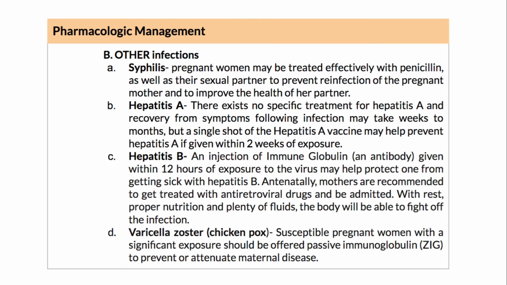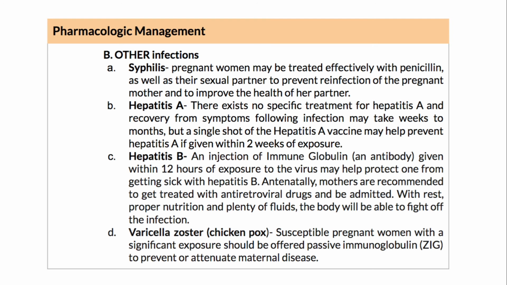Hepatitis B. An injection of immune globulin, an antibody given within 12 hours of exposure to the virus, may help protect one from getting sick with hepatitis B. Antenatally, mothers are recommended to get treated with antiretroviral drugs and be admitted.